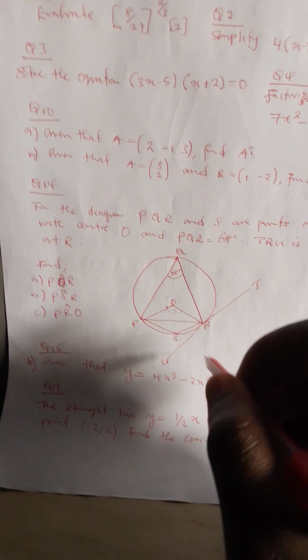Then what are we going to do? First step, I'm going to say x, the angle I'm looking for, plus 136 degrees should give me 360. Then x is equal to 360 minus 136.